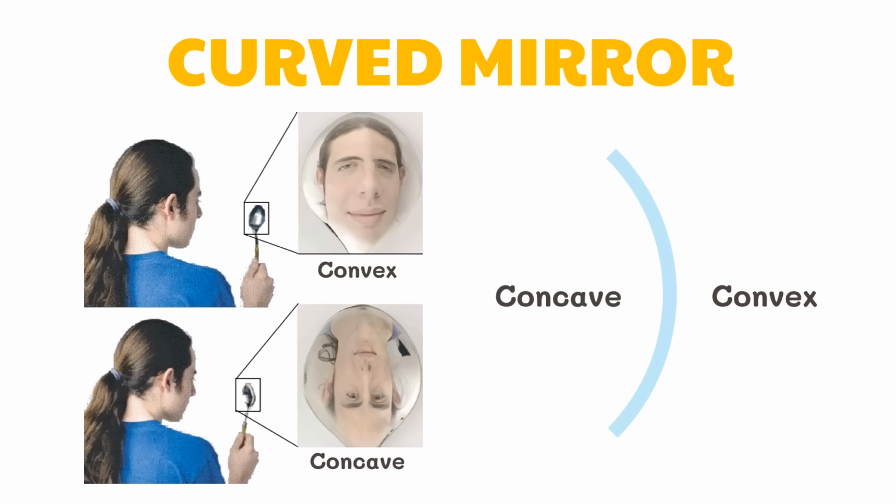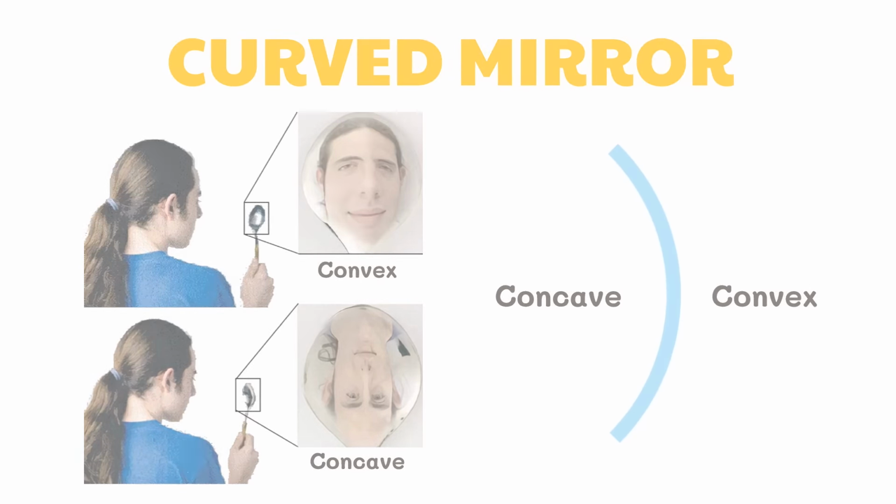A spoon is a kind of curved mirror with a concave side and a convex side. Concave mirrors can be seen on the inside of the sphere, and convex mirrors can be seen on the outside of the sphere.